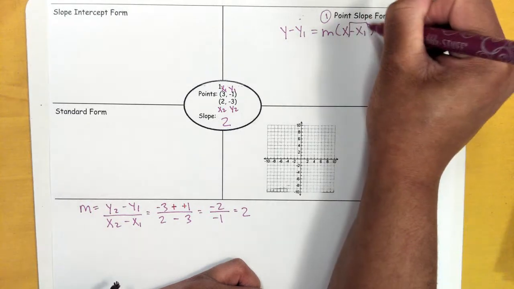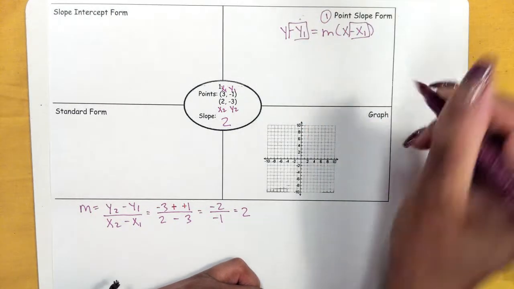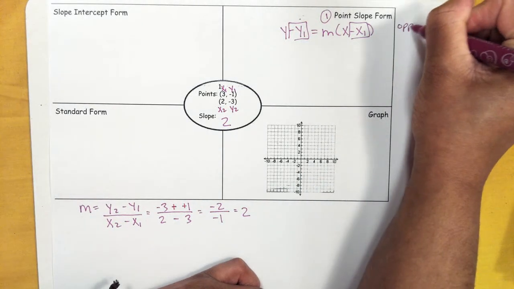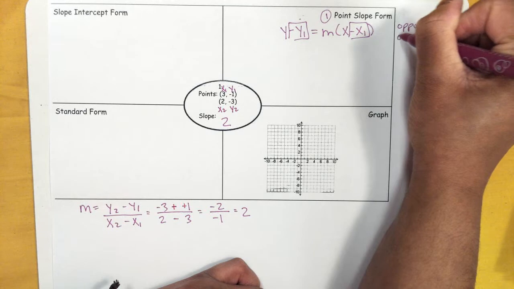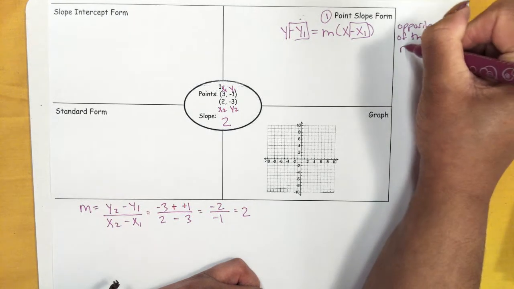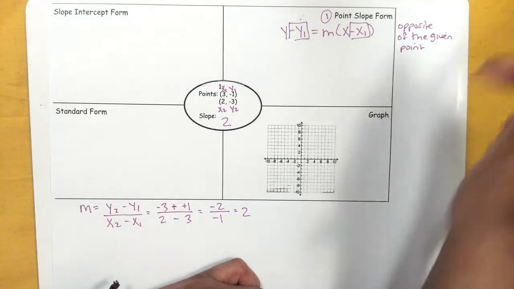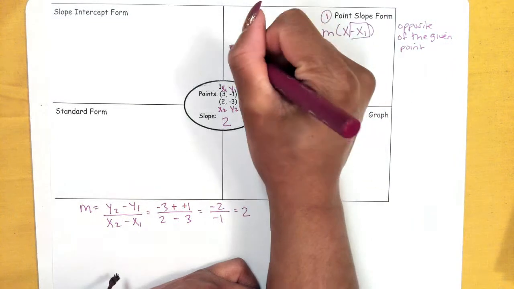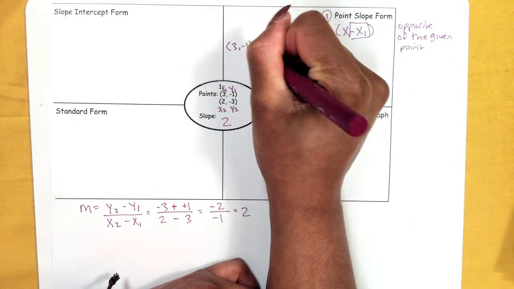Okay, and it helps to put boxes around the negative y1 and the negative x1 because you're going to read the opposite side of the given point. And so we'll explain more what that means just momentarily. So we're going to plug in, let's say we chose 3, negative 1.